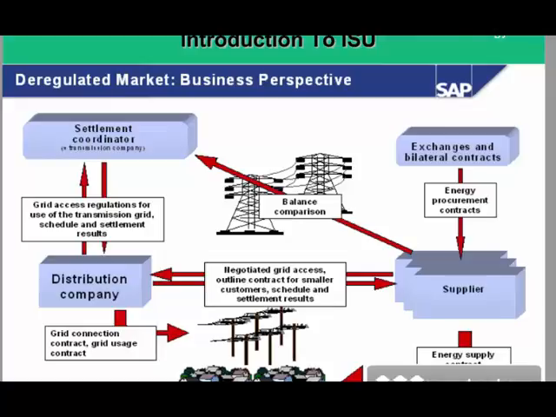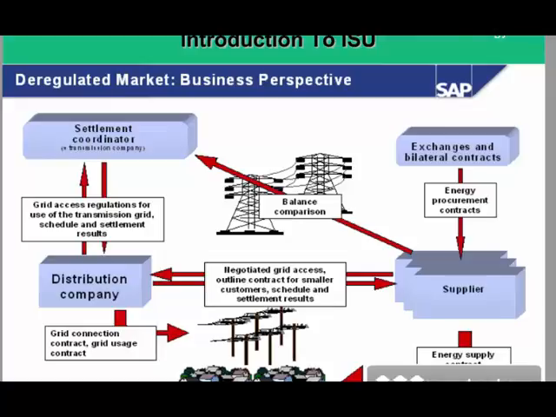Even in a regulated market, when there is open access, where one entity can buy electricity not only from its traditional source but also from outside, an energy exchange is created for that. So there is an energy exchange when there are multiple buyers and suppliers. And then there can be a bilateral contract when there is one supplier and one transmission company.